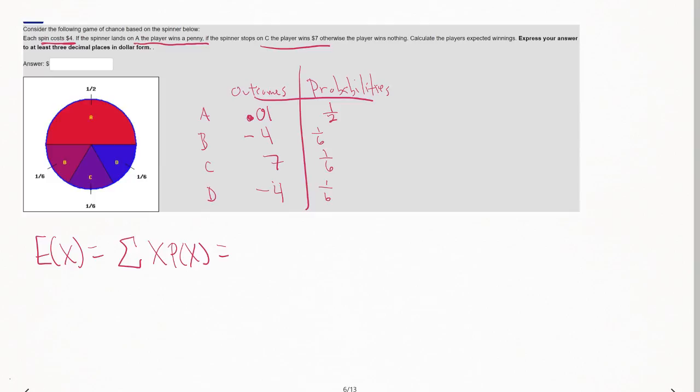So here's all you have to do. You take the outcome, 0.01, times the probability that x equals that outcome.